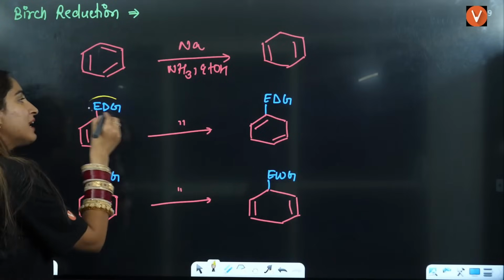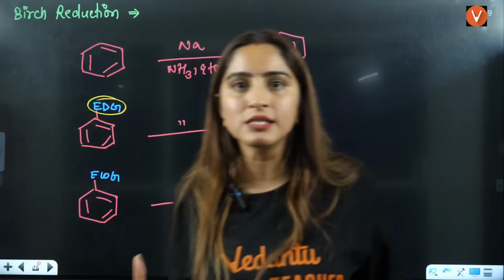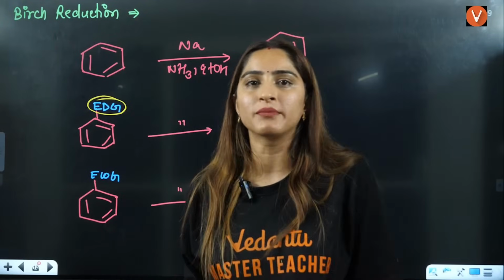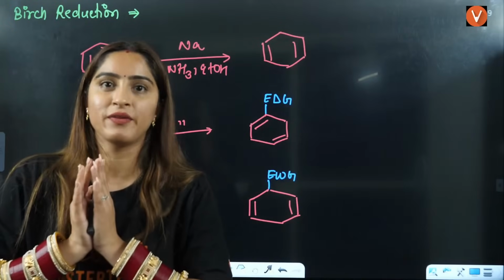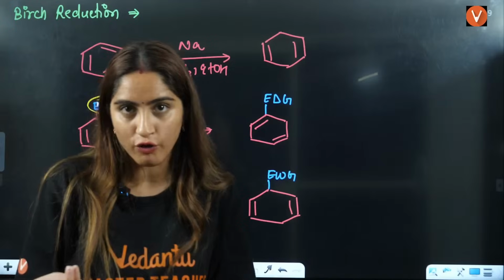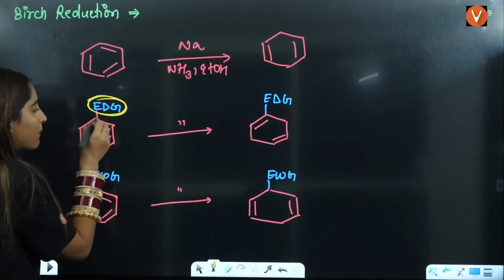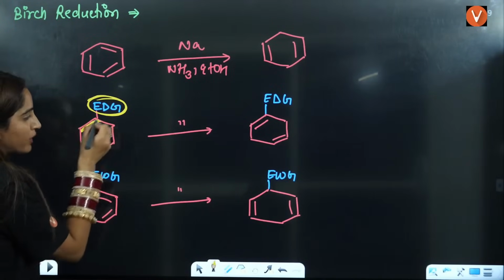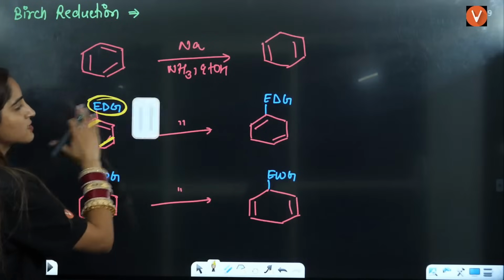But if you have any electron donating group, here is how I teach my students: if someone is giving you something, then you will stick around them, because you are getting benefit out of that. So if you have an electron donating group, then the double bond will be next to it, and opposite of it, this double bond. That is why you will get this as the answer.